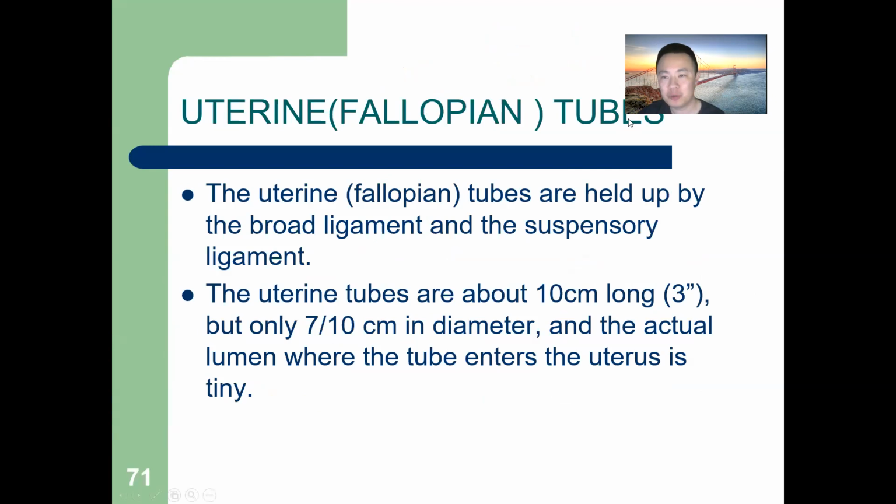Now, the fallopian tubes obviously need to be anchored down somewhere so they don't start going all over the place. They are held by a broad ligament and a suspensory ligament. And the uterine tube is around 10 centimeters long, or 3 inches, but only 7/10 of a centimeter in diameter, and the actual lumen where the tube enters uterus is actually very tiny.